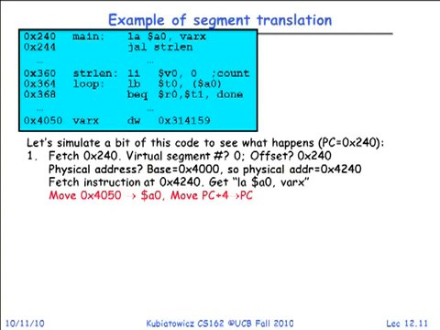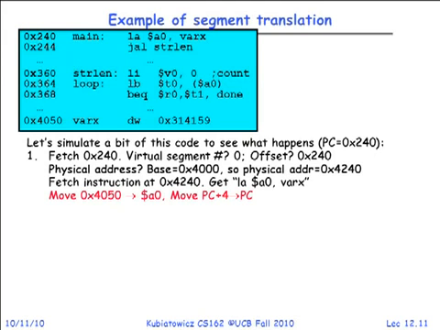Yes, question. Why is the address for var x virtual as well? Yeah, everything the processor knows about is virtual. Notice var x has a virtual address of 4050, just like main had a virtual of 240. That's outside our segment, right?